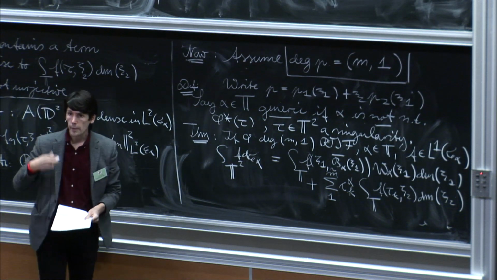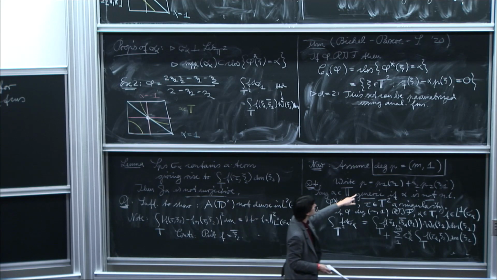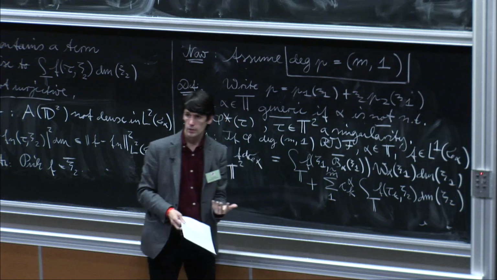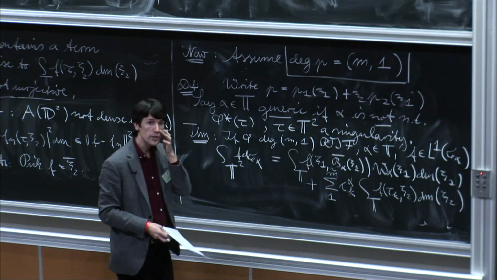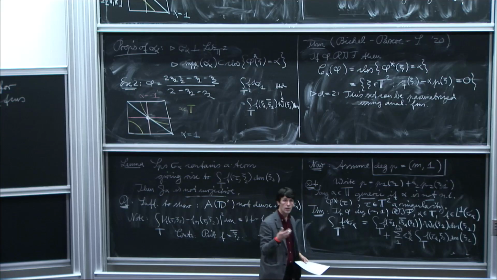All of these parameters are explicitly expressed in terms of the polynomials P1 and P2 and their reflections. This is a very detailed description of the measures, and this is valid for all integrable functions with respect to sigma alpha.